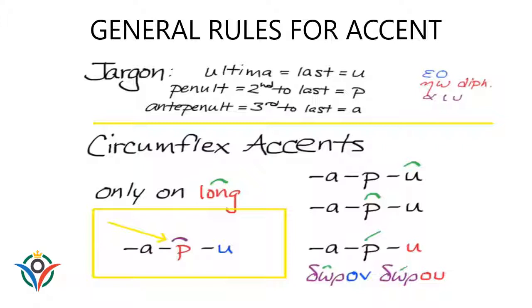That is, again, if the last syllable is short and the second to last syllable is long, and the word needs an accent over the second to last syllable, it must be a circumflex. Really, you won't use that for a while. Don't worry about it too much. But that's what I needed to include for you to have all of the general rules.